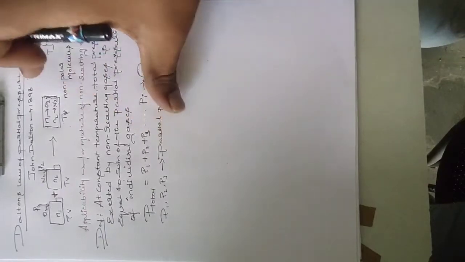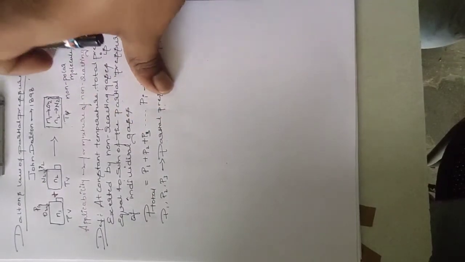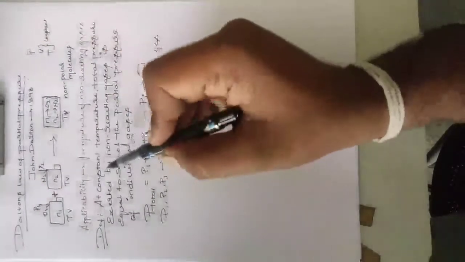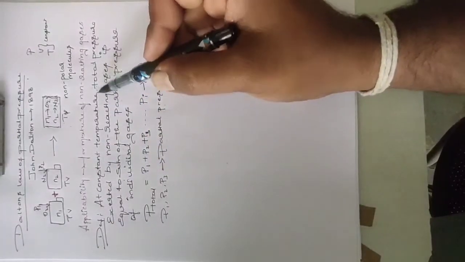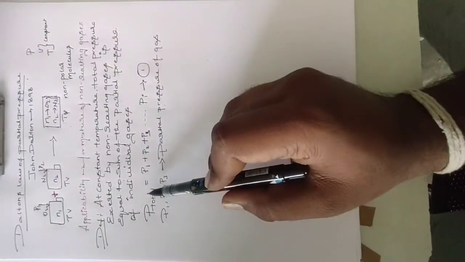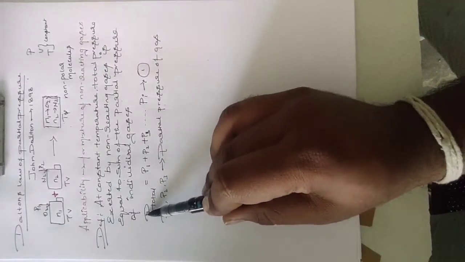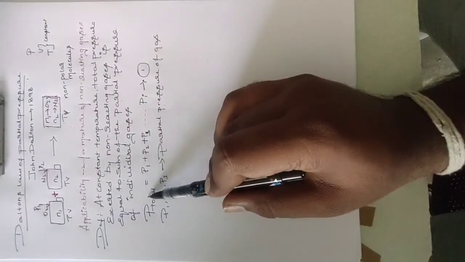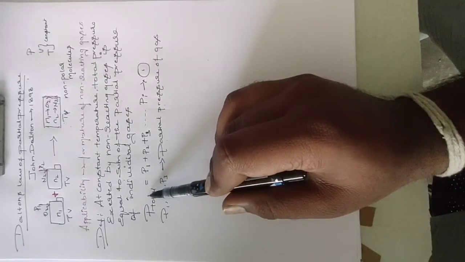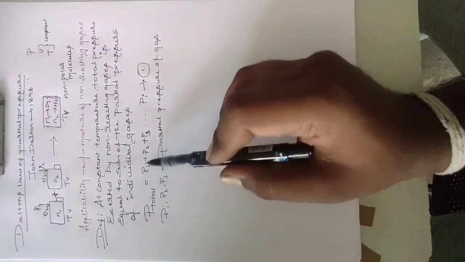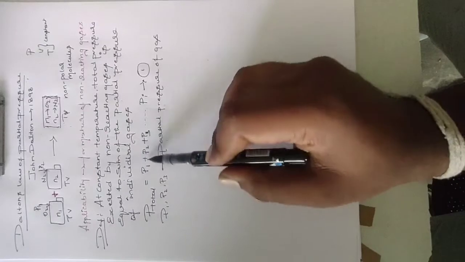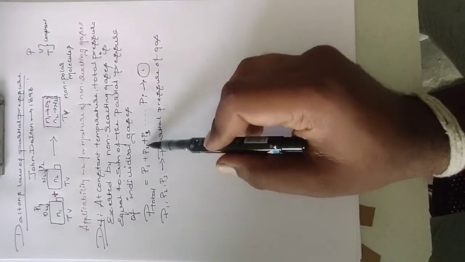The Dalton law of partial pressures is nothing but: at constant temperature, the total pressure exerted by non-reacting gases is equal to the sum of the partial pressures of the individual gases.